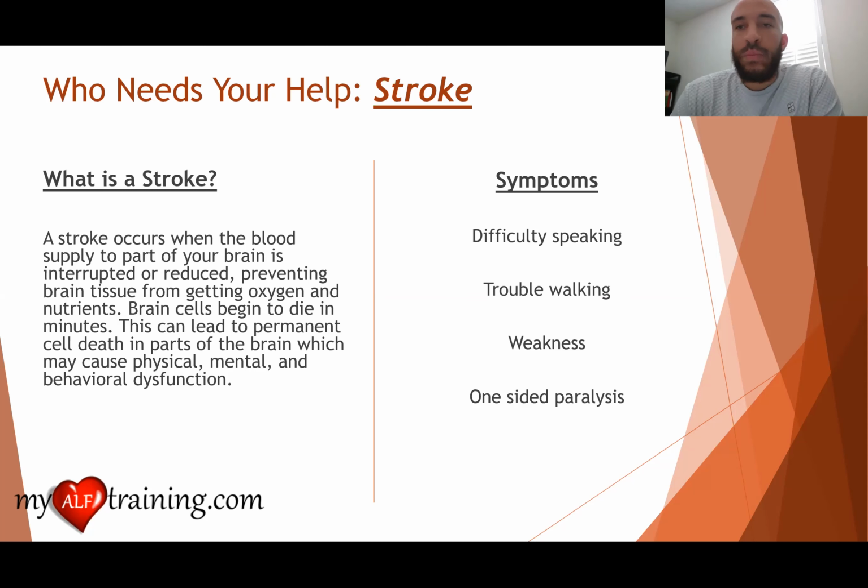So let's get into a bit more about what a stroke is. A stroke occurs when blood supply to part of the brain is interrupted or reduced. Now, this can be due to the patient having a history of hypertension or atherosclerosis, which is just a buildup of plaque. So they've been living a very sedentary lifestyle. They may have been overweight.